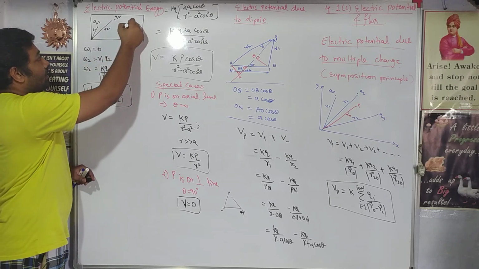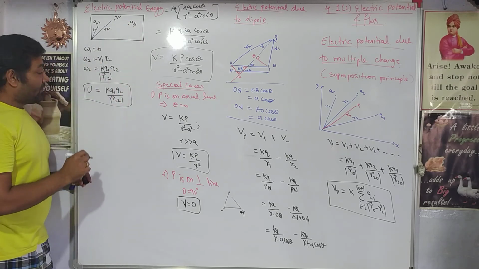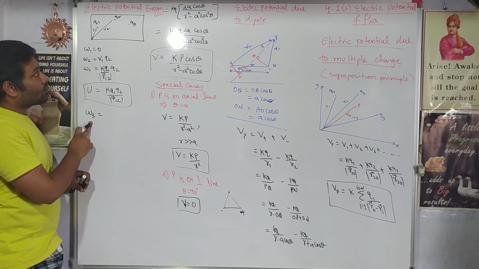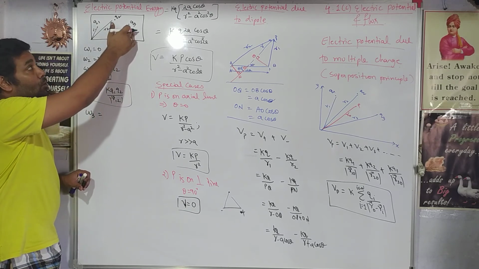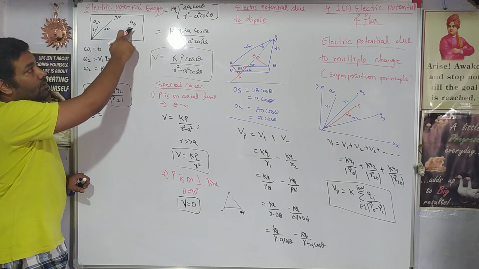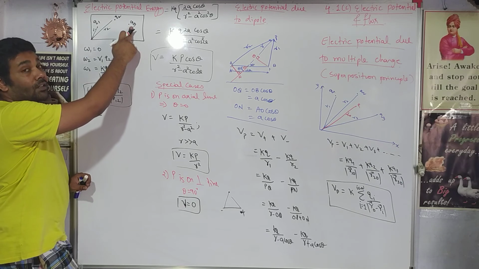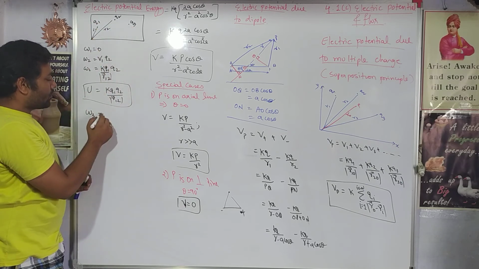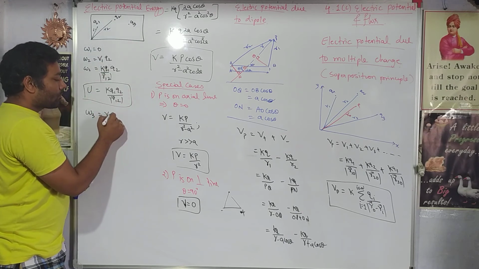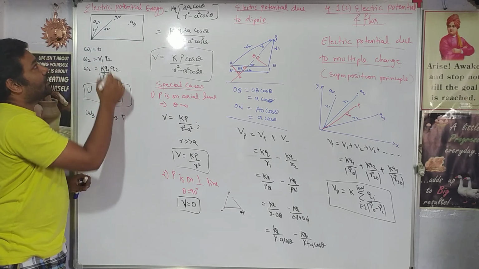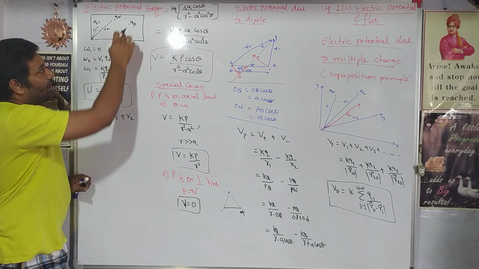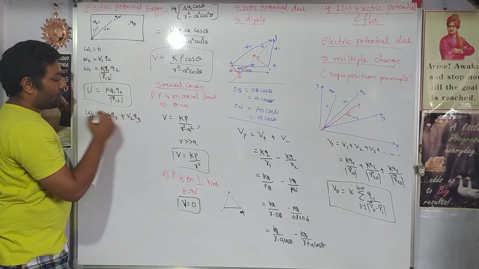Let us see if I bring in the third charge. What will be the work done? The work done to bring the third charge has to face opposition from the first charge as well as from the second charge. So what is the opposition this charge Q3 faces from the first charge? It will be the potential due to the first charge at this point times the value of the charge, and again the opposition from the second charge will be the potential due to the second charge times Q3.